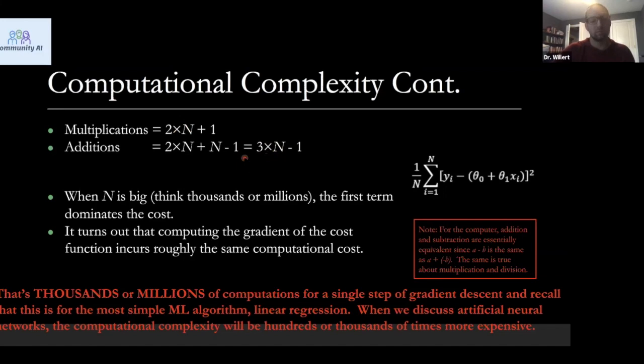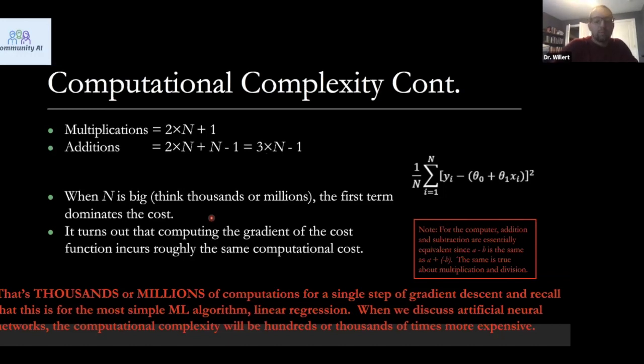So if we, let's just say, had 1 million data points, we'd need to multiply 2 million numbers together and add 3 million numbers together in order to compute the cost function just one time. And it turns out that for this algorithm, computing the gradient basically costs the same thing.